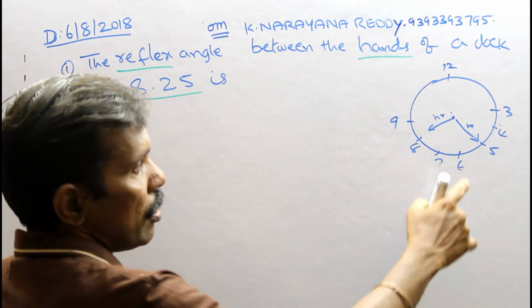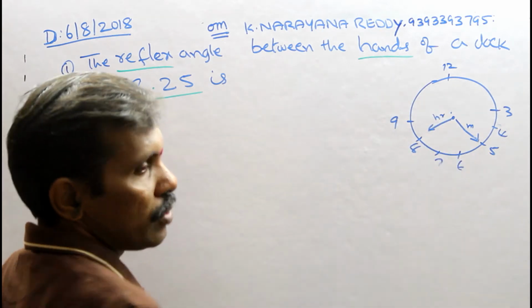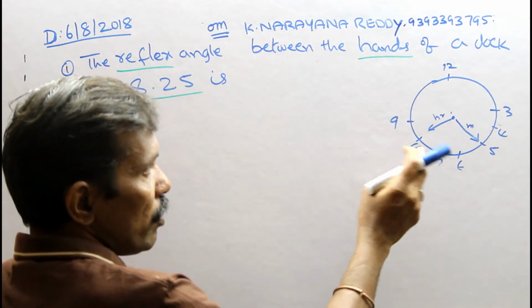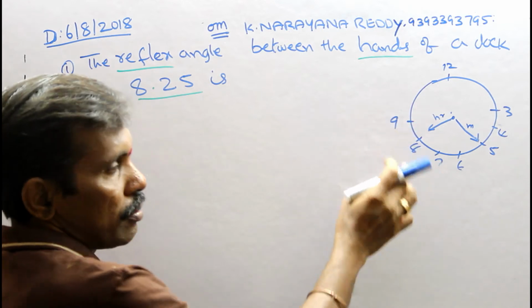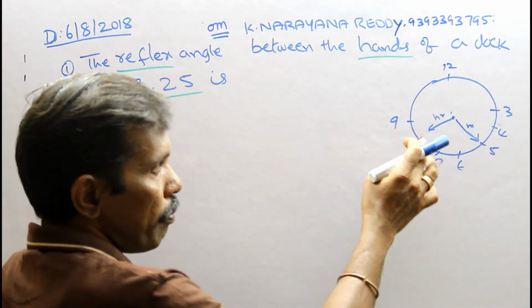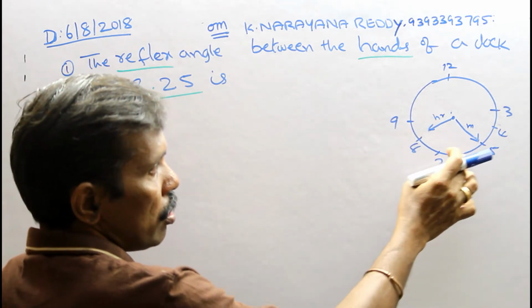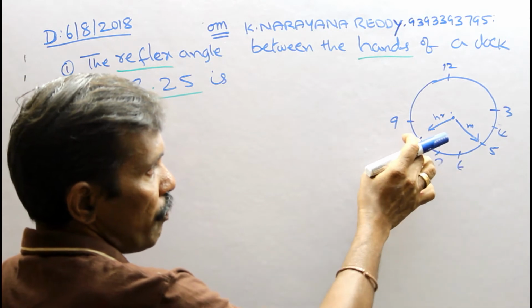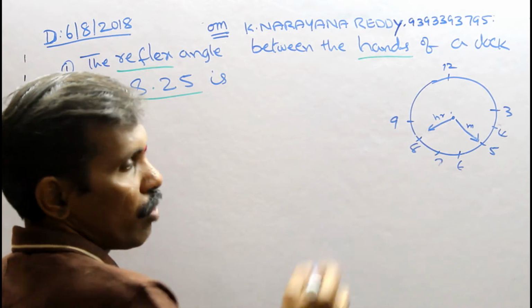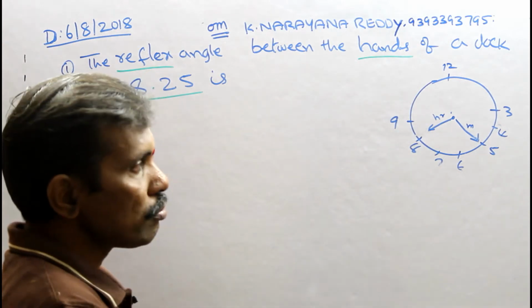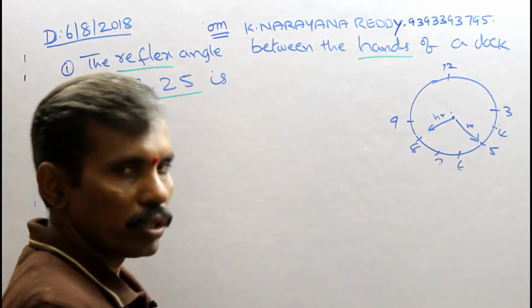8:25 means the minute hand will be at 5. You know that 8:25 means the hour hand goes past 8. Yes or not? Past 8. So 5, 10, 15 spaces. So past 8 means it comes approximately here. So it is approximately more than 90 degrees.